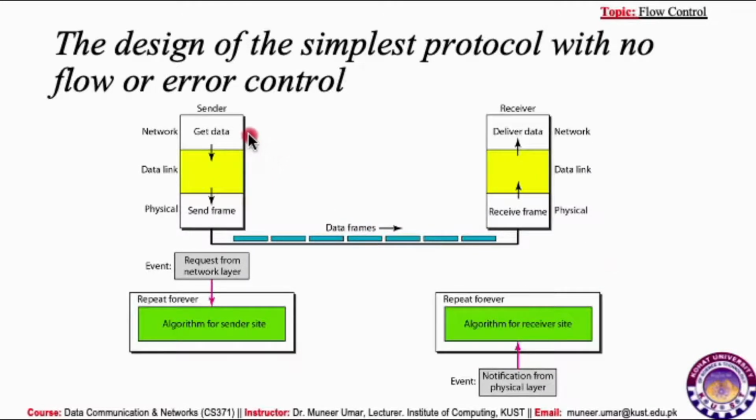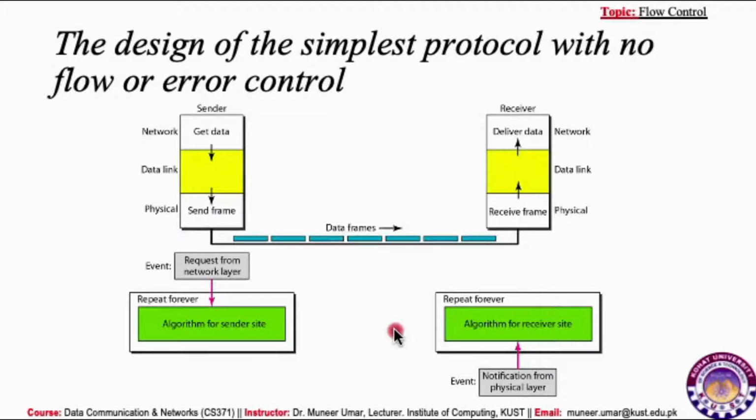So here the network layer passes data to the data link layer, and then ultimately the data frames are sent through the physical layer and then the medium. At the receiving end, the same frames are received by the receiver with the same processing speed as the sender. So there is no chance of any loss and no need of flow control or error control.